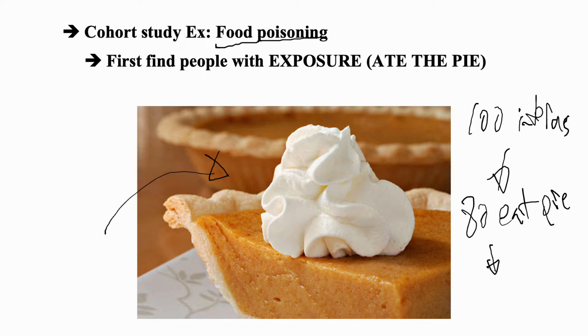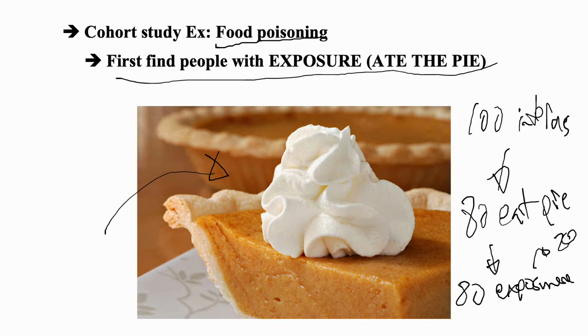You'll use those 80 that ate the pie as your exposure group, and then you could compare it with the other 20 that didn't eat the pie as your control group. So you want to first identify the people who had the exposure, which is eating the pie, and then you'll look for how many of those developed food poisoning.